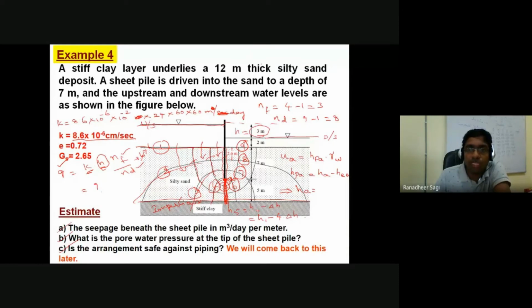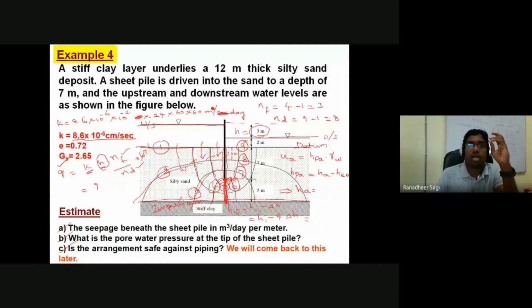What was my total head corresponding to the first equipotential line? To know that, I have to choose some reference datum. So let me say this is my reference datum. It's up to you; wherever you want, you can choose your reference datum. Nothing wrong. The way you choose your reference datum will not affect the calculation of your pore water pressures.